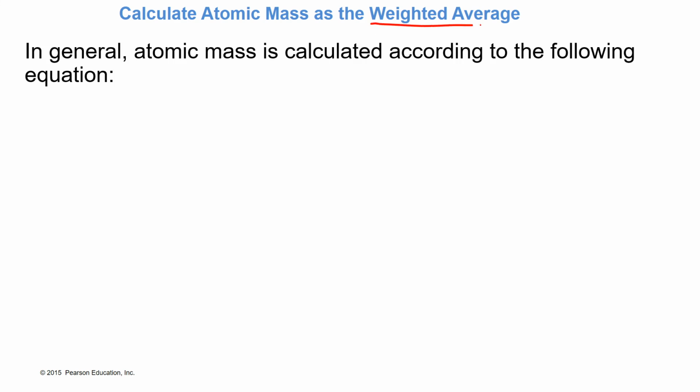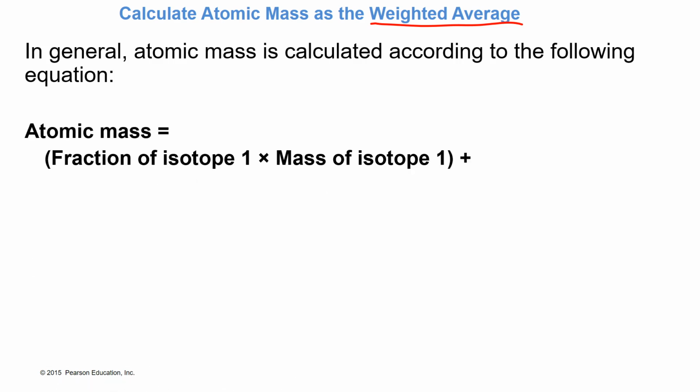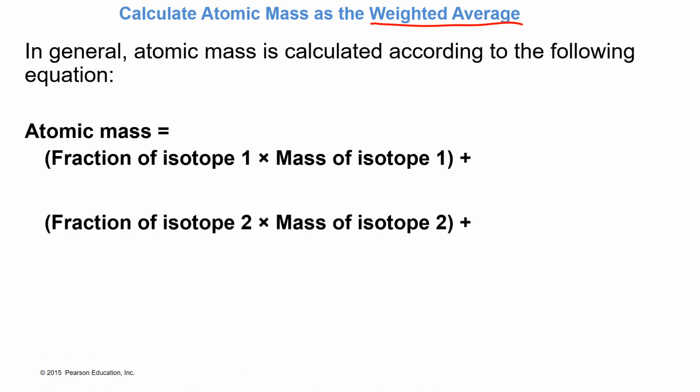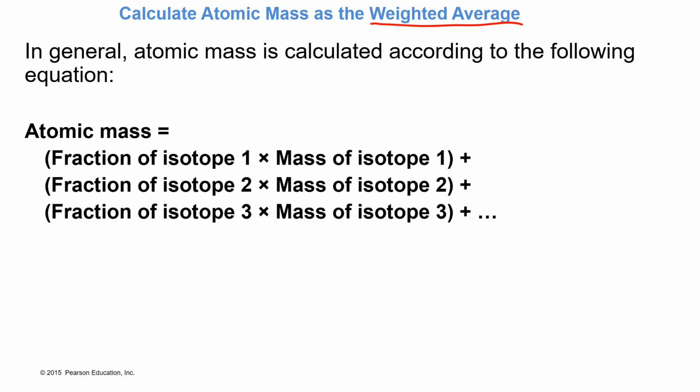So I'm going to pull up the equation and try to put it into a reality-based situation. So atomic mass is equal to the fraction of the first isotope times the mass, and then I'm going to add that to the fraction of the second isotope times the mass, plus the fraction of the third isotope times the mass.